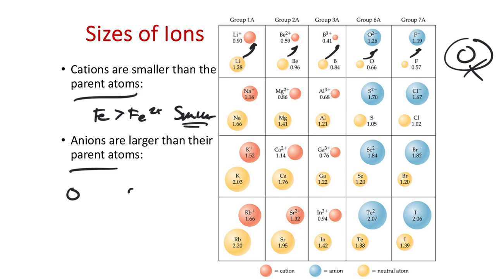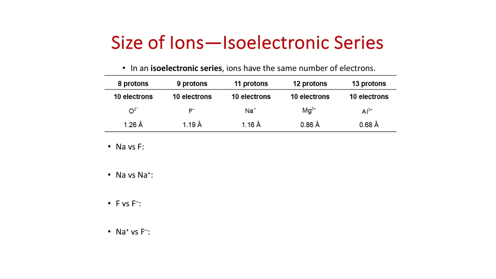If we go to O 2 minus, that O 2 minus is bigger than oxygen because we've added 2 extra electrons, and so it is larger as a result of having more electrons. Anions are always larger than their neutral counterparts, because adding electrons increases their repulsions with each other, so we grow in size. And so then let's do some comparisons of size.